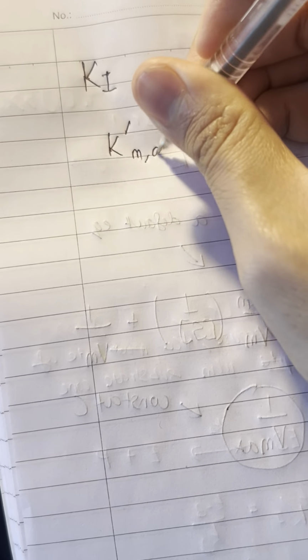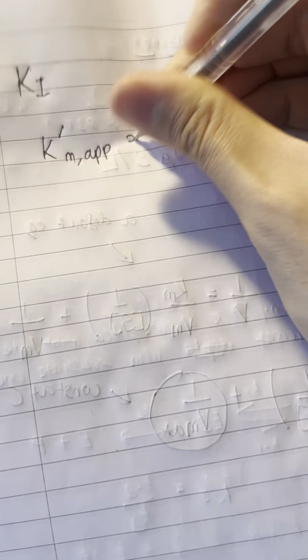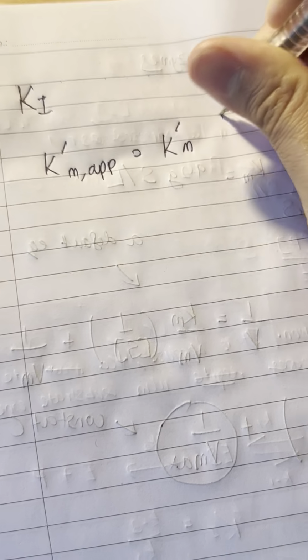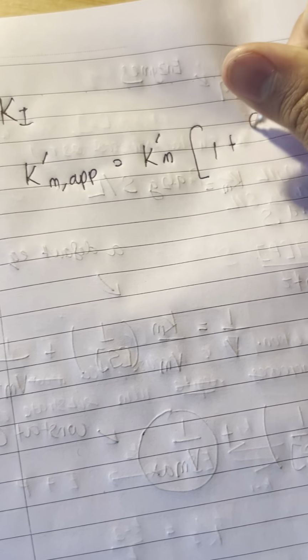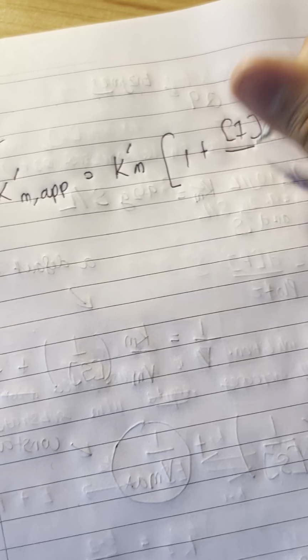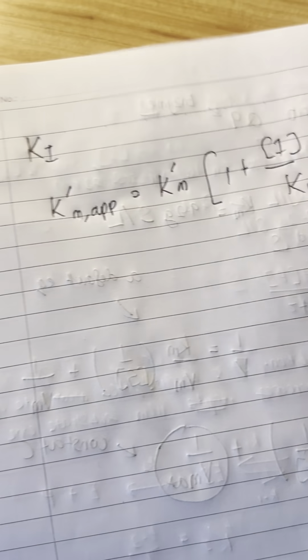Now let's move on to the next question where we need to find the Ki for inhibition. So we can use this formula straight away, where K prime M equals Km times 1 plus I over Ki. Okay.